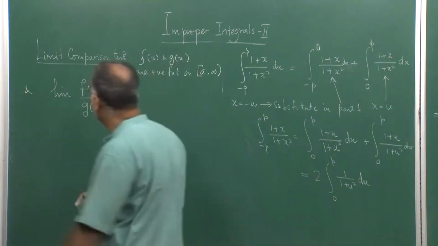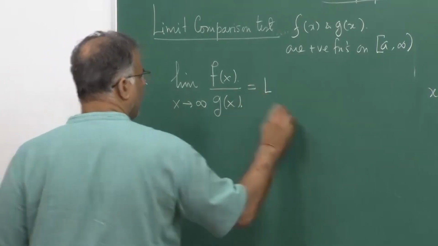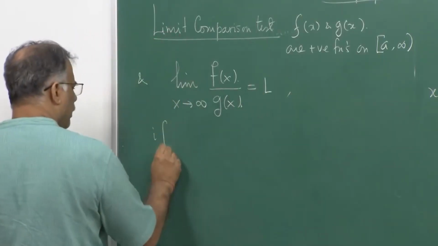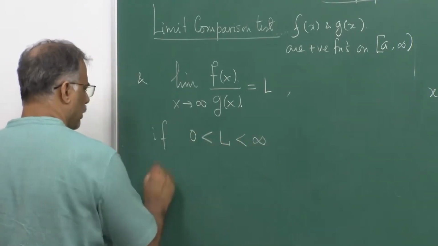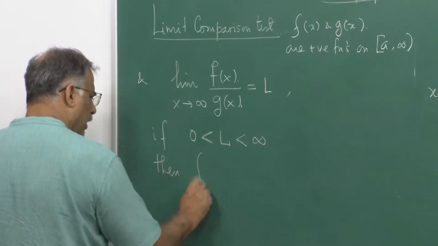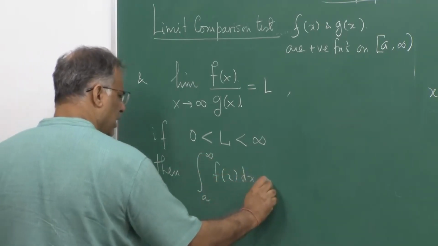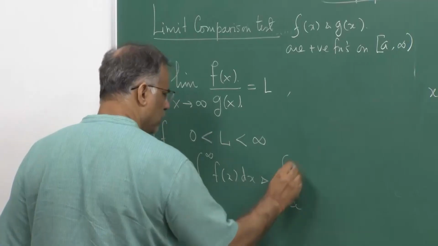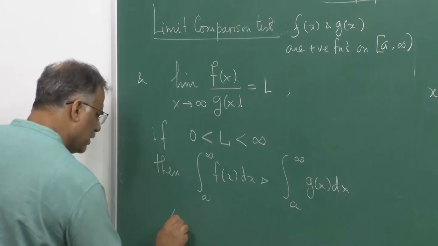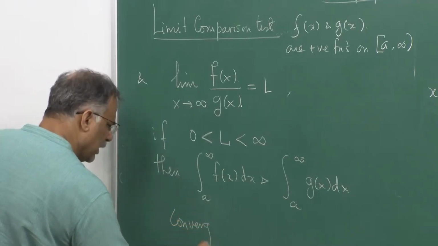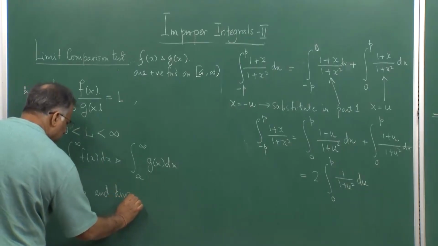So, the limit as x tends to infinity should be L, and if so, then the integral a to infinity f(x) dx and the integral a to infinity g(x) dx converge and diverge together.